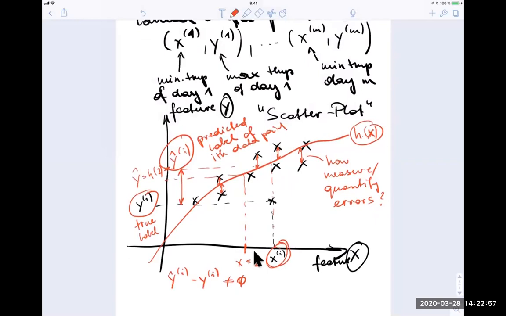So how should we measure this error? How can we quantify this prediction error? Any suggestions?